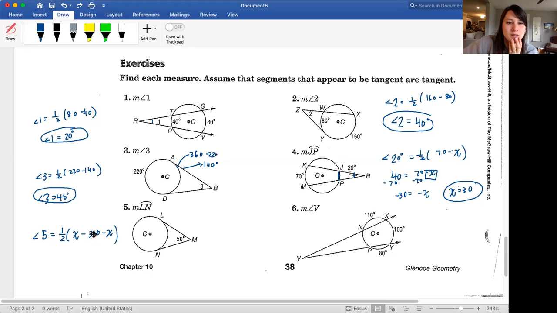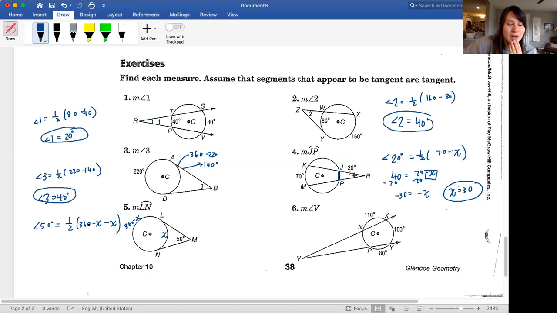So let's say that this little arc is X, and this would be 360 minus X, because the relationship of the two are like that. So I'm going to say angle 50 degrees equals 1/2 of 360 minus X minus X.